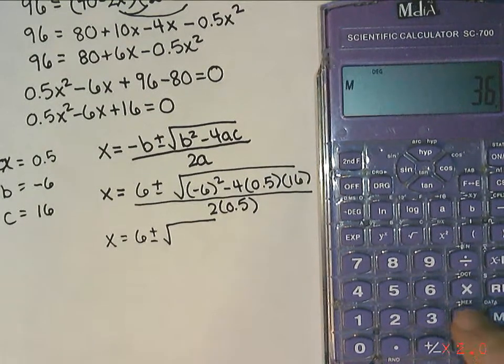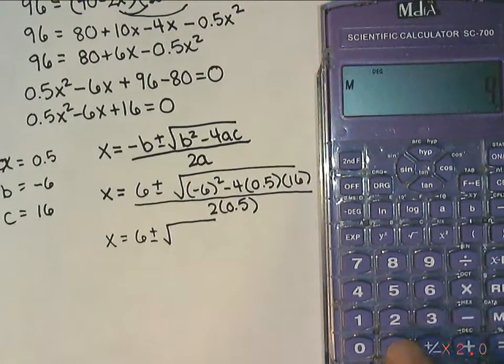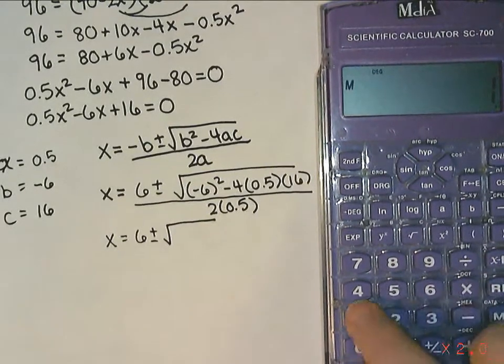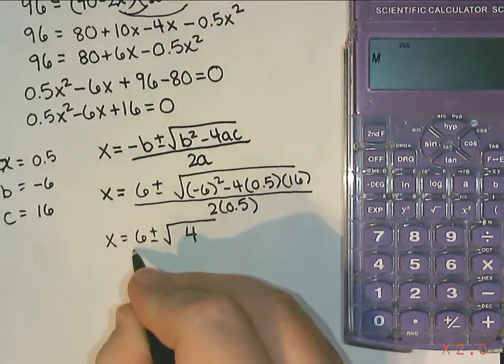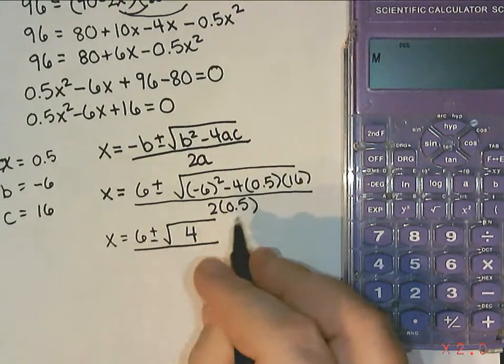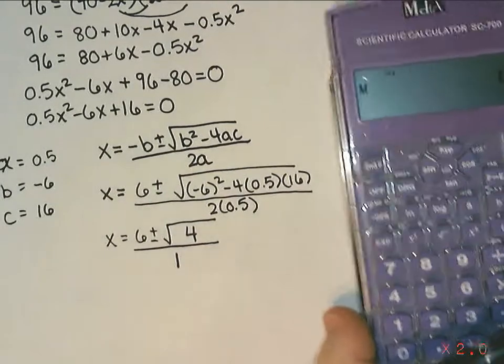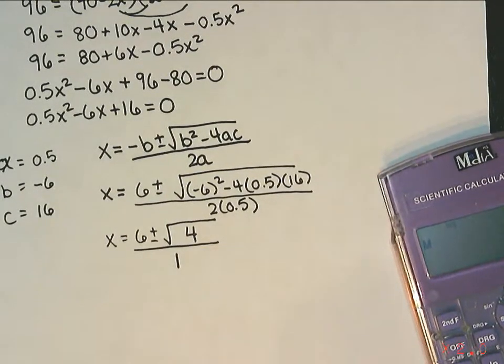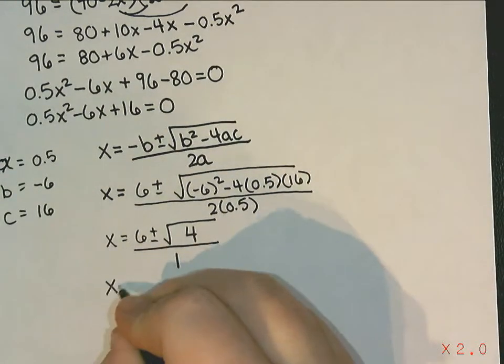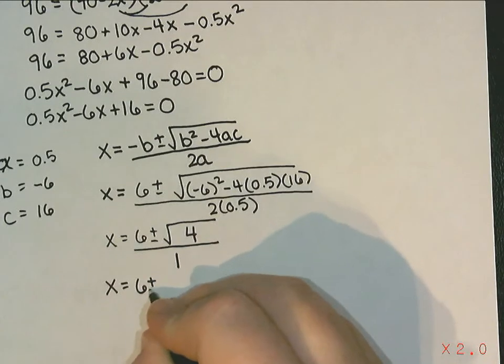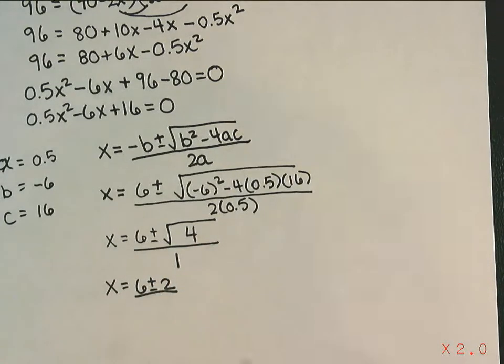So negative 6 squared minus 4 times 0.5 times 16 leaves me with 4. And 2 times 0.5 is 1. So I could do 6 plus or minus the square root of 4 on my calculator, but I know that the square root of 4 is 2. And really dividing by 1 isn't going to make that much of a difference.